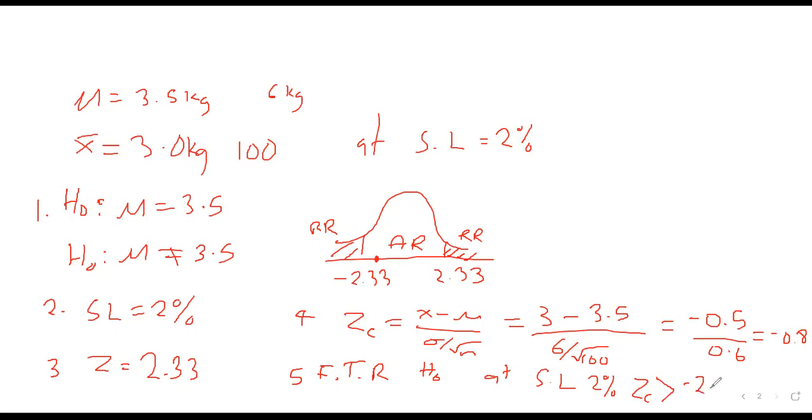If it was a positive, we would have said less. Please be mindful of the negative and the positive signs. It's inside here. Negative numbers are greater on the right. So we conclude that there is no significant difference between what the farmer is claiming and what is actually on the ground.